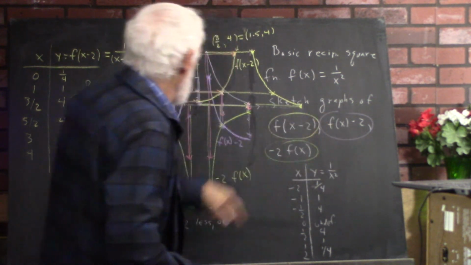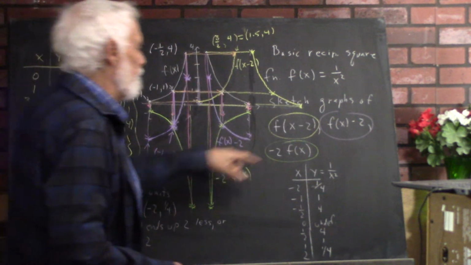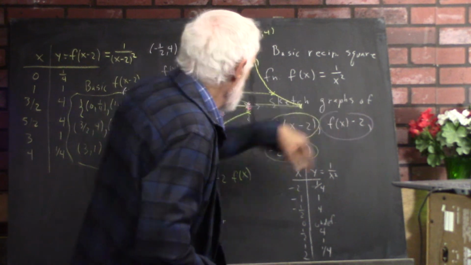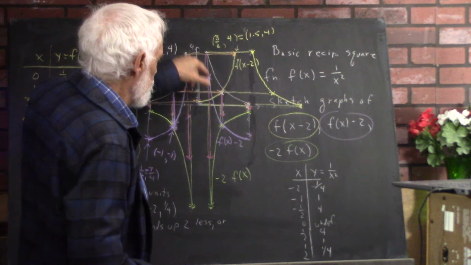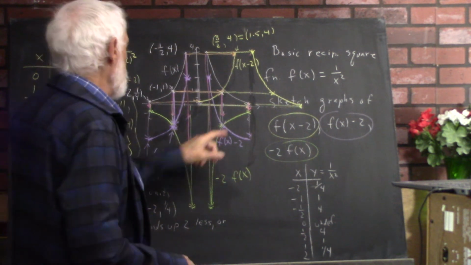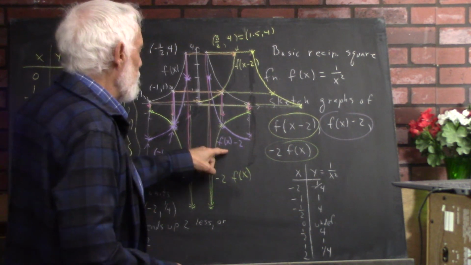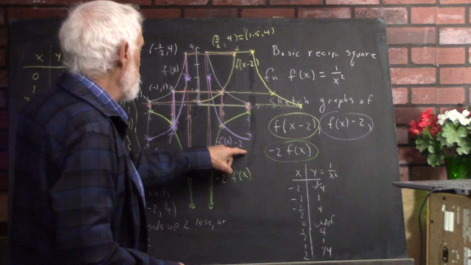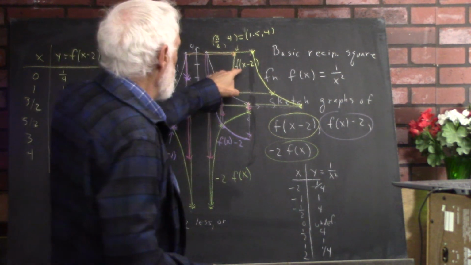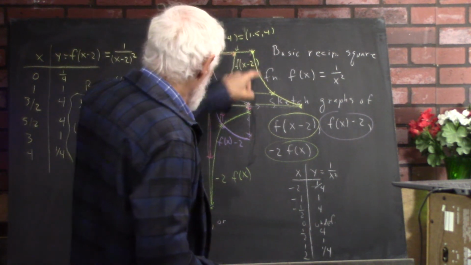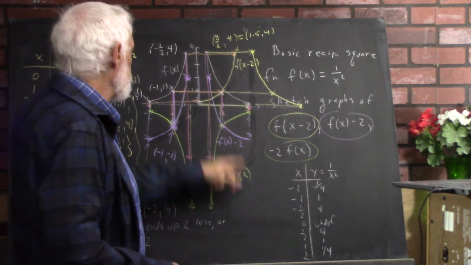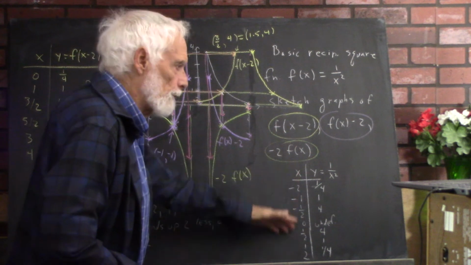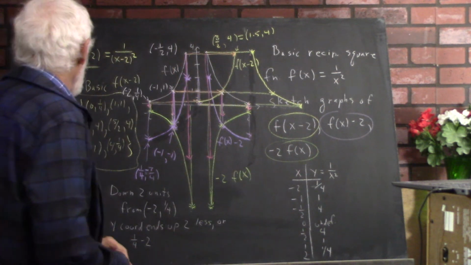And the function with the purple circle, we connect the points with a smooth curve, and we end up with the graph of this. So the purple graph is f of x minus 2. The yellow graph is f of quantity x minus 2. And the green graph is negative 2 f of x. The white graph, of course, is our original reciprocal square function.